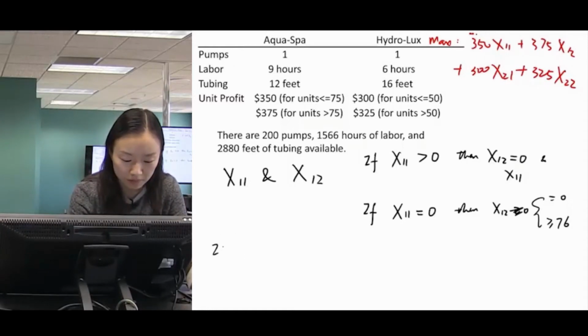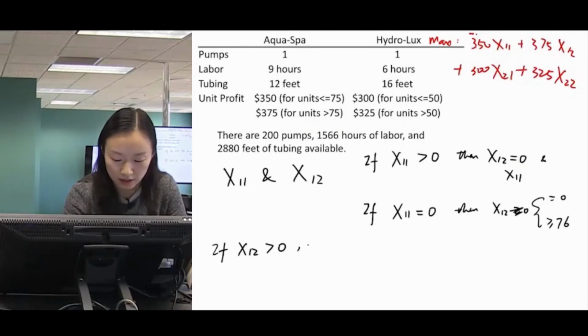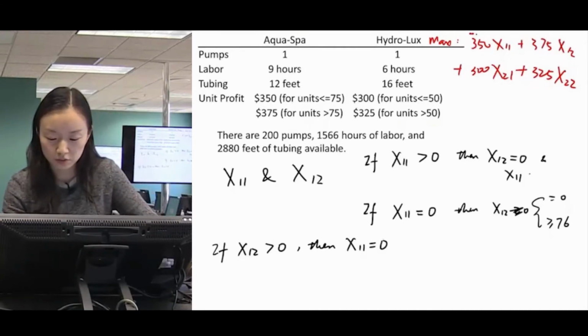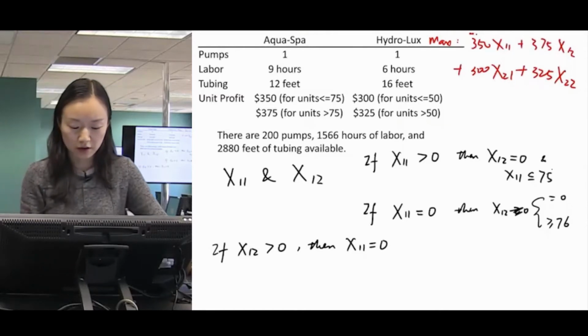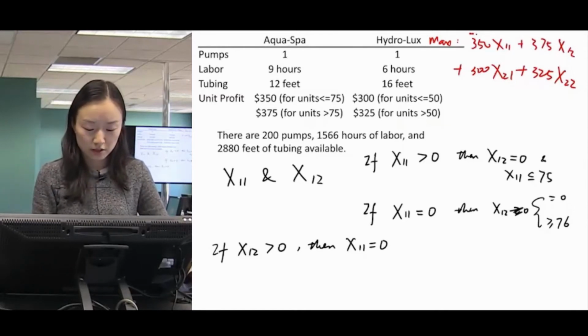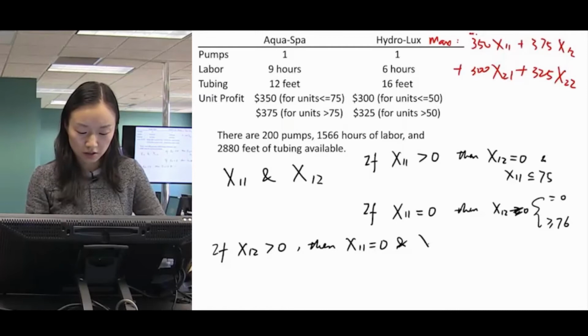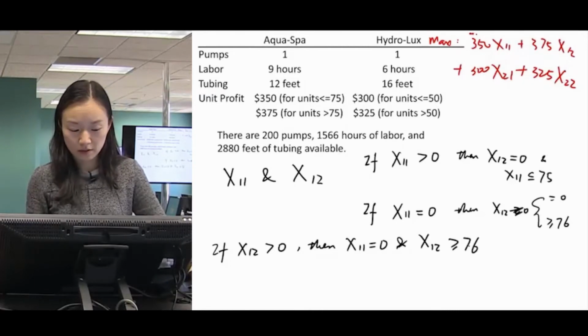Or the other way, if x12 is greater than 0, then x11 needs to be equal to 0. Oh, sorry, I forgot to put this one. In this case, it needs to be less than or equal to 75. If x12 is greater than 0, then x11 needs to be 0, and at the same time x12 needs to be greater than or equal to 75, right?